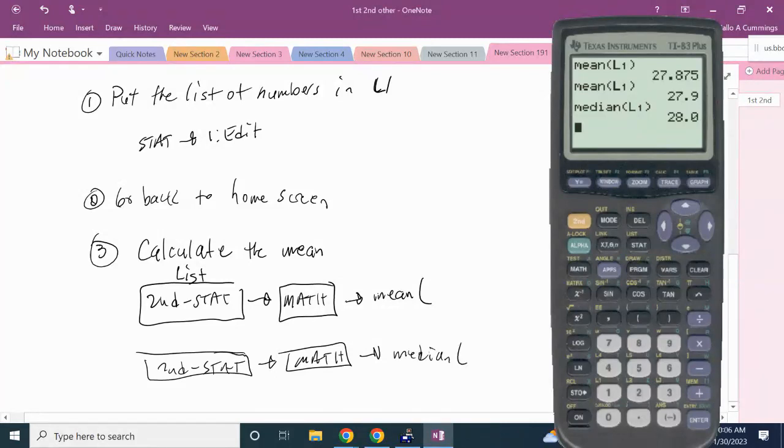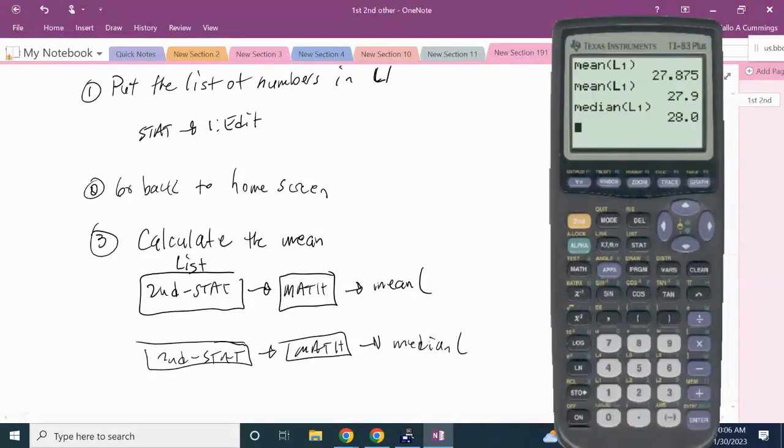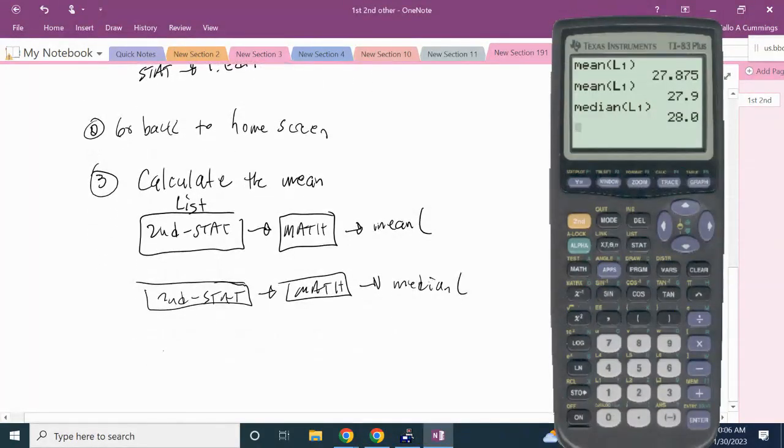You can't find the mode this way; you'd have to physically search for the mode, so we're going to skip it. You can find the standard deviation. All of these say round to 1 decimal place.